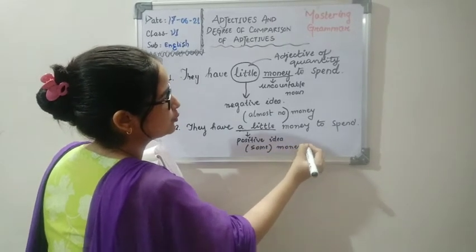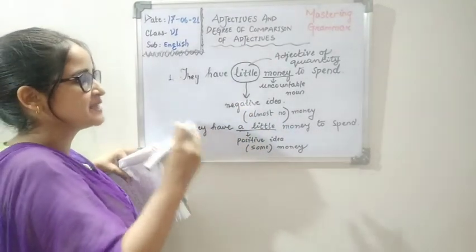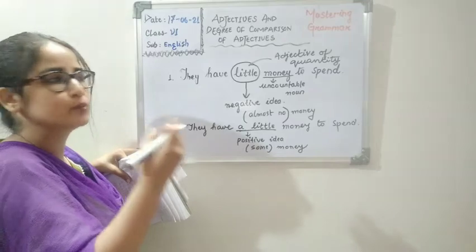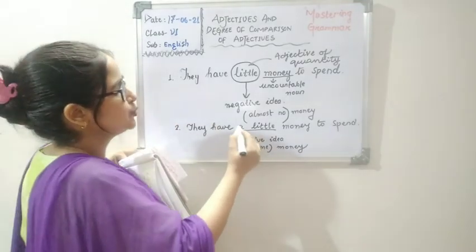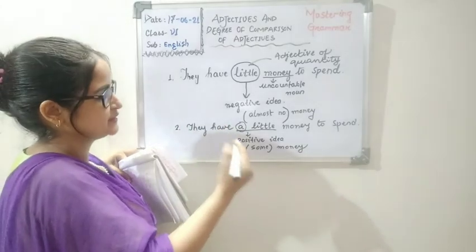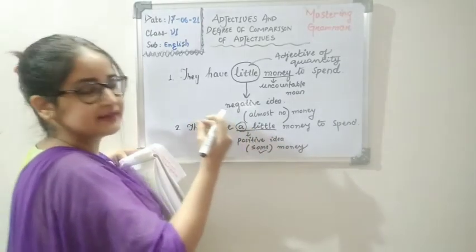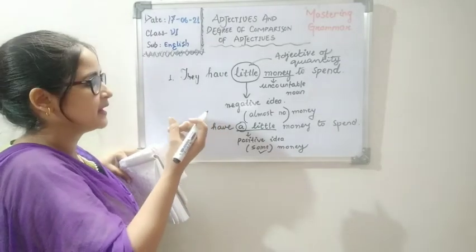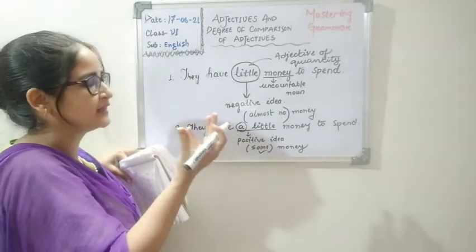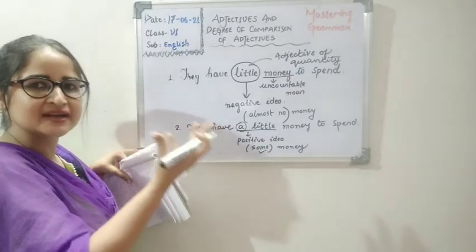So I hope you got this clear, that when you use only little, it means they have almost no money, and when you add a to this little, it becomes a positive idea. It says that at least they have some money. They are not completely devoid of money, they have some money. Okay, so a adds to it.